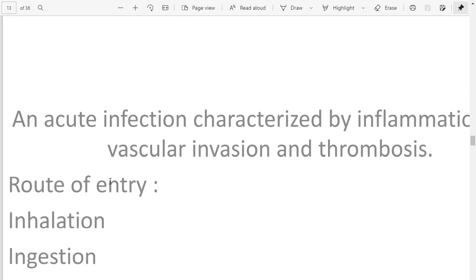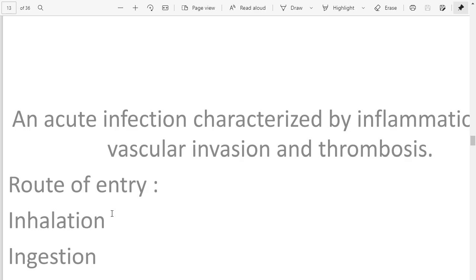It is an acute fungal infection characterized by inflammatory vascular invasion and thrombosis of the area of involvement. The main route of entry is via inhalation, so it could enter through the nose by inhalation of spores to be localized inside the paranasal sinuses, maxillary sinus, and they will develop massive inflammation there. It might go to the eye to cause proptosis.